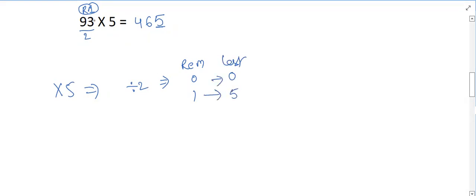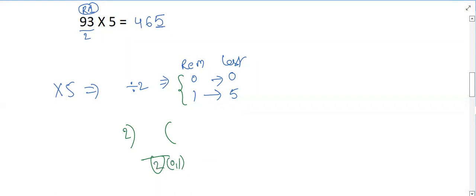What if the remainder is something else, like 2? You will not get any other remainder other than these two, because you are dividing any number by 2. When you divide any number by 2, you should get either 0 or 1. If you get 2, you will not stop there.